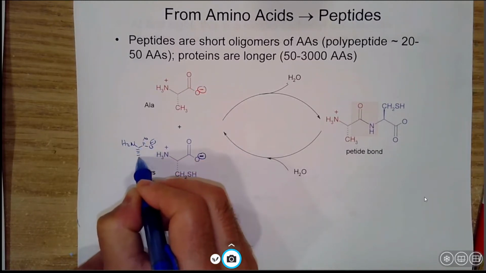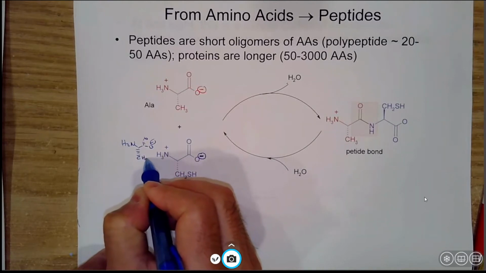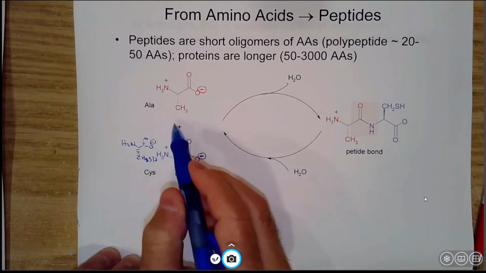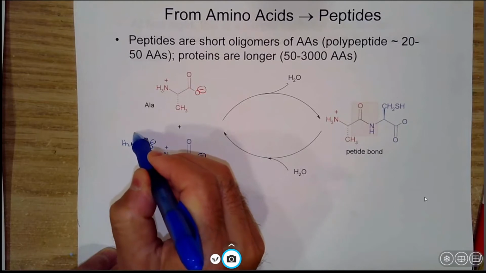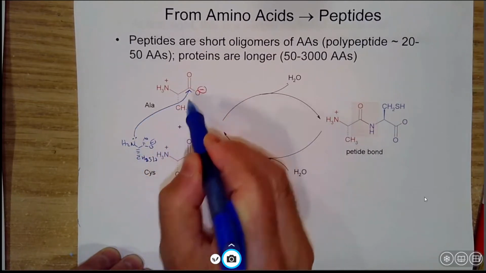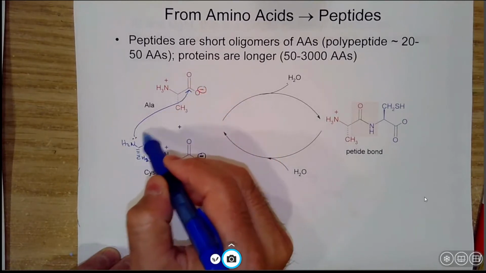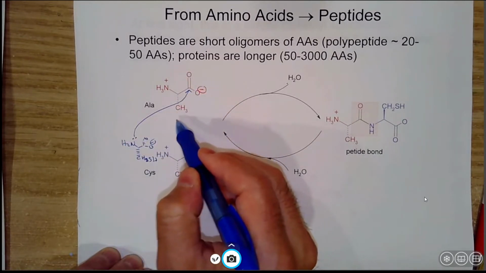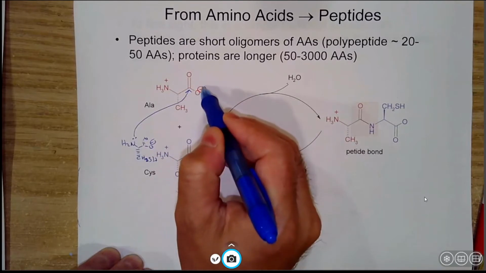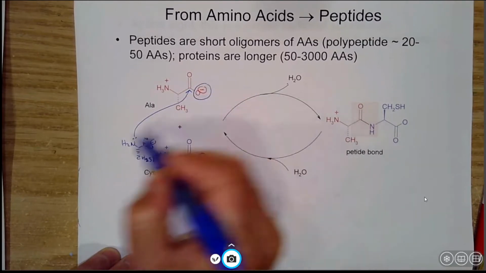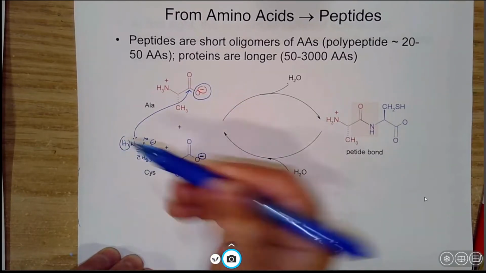this cysteine, if it's to come together, is going to have to find a way to react at this carbonyl group. You can imagine after proton transfer and removal, we're going to get the removal of an oxygen here and then a couple of hydrogens.